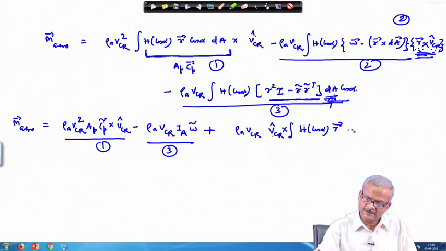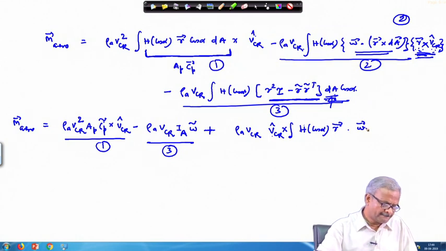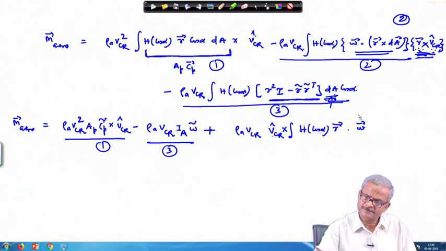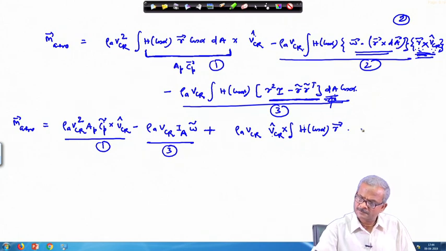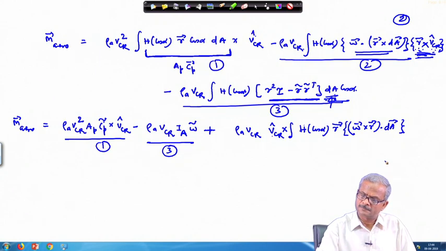So, this is R, and what appears here, we can write as omega. We need to maintain a particular order for this, so we will write this first as omega cross R and dot dA. So, this part is taken care of here, h cos alpha is there.